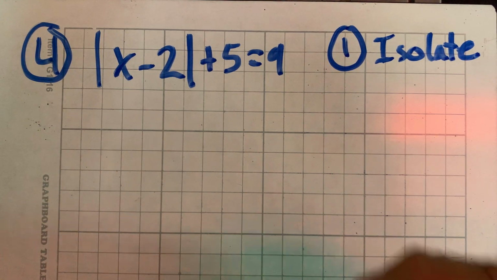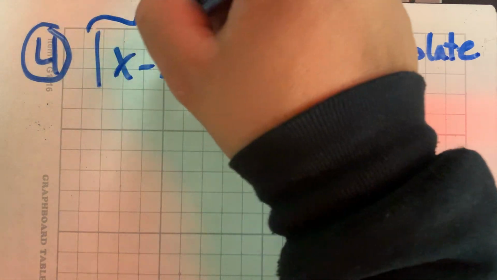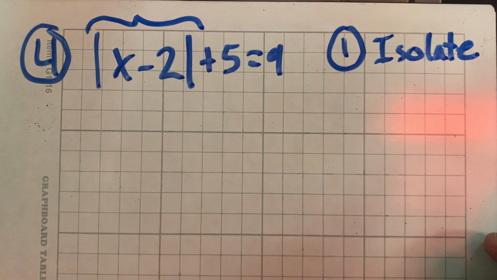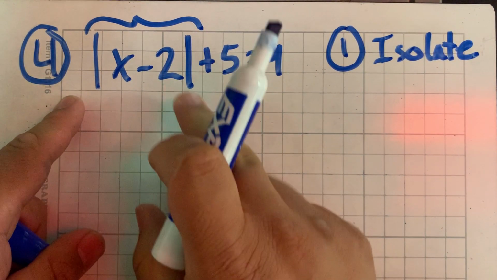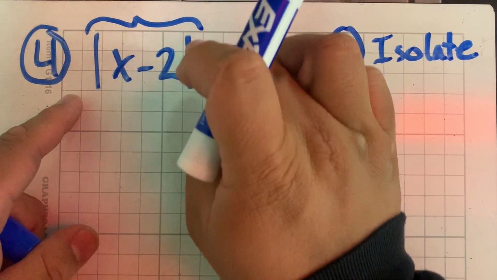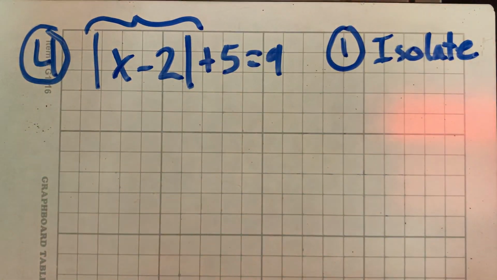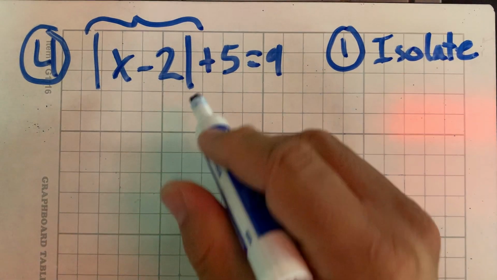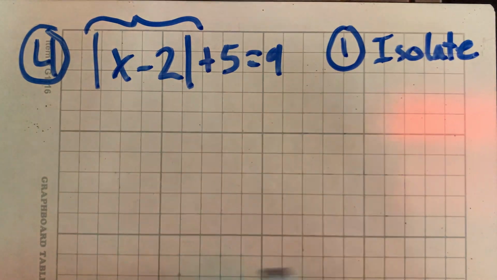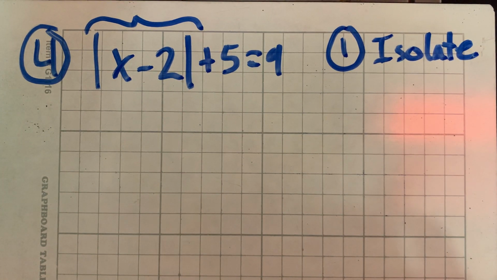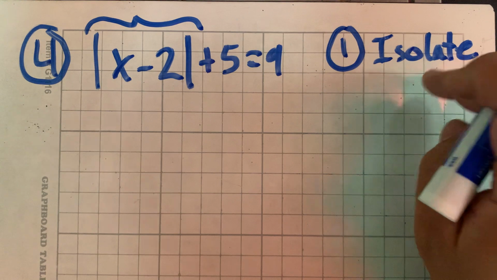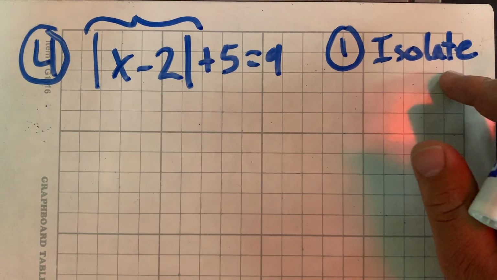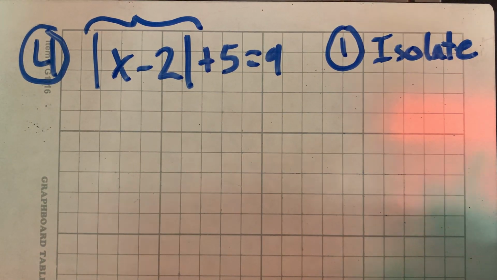So again, I like to see what's my absolute value expression by making my wavy brackets to show me this is what should only be on the left side. Now that I've done that, you should notice that what is not included in that wavy bracket is this plus 5. So I need to get rid of this plus 5, because I can't move on to step 2 until I am done with step 1.